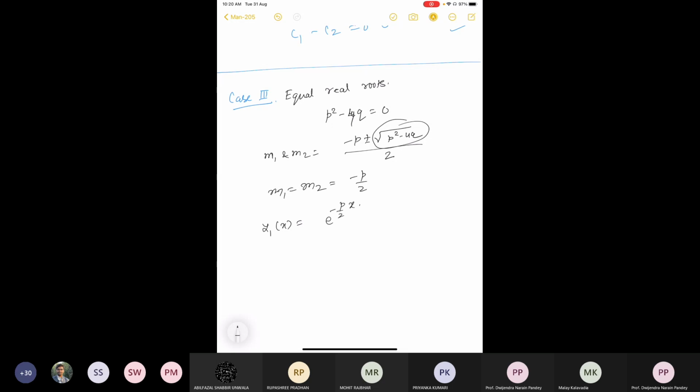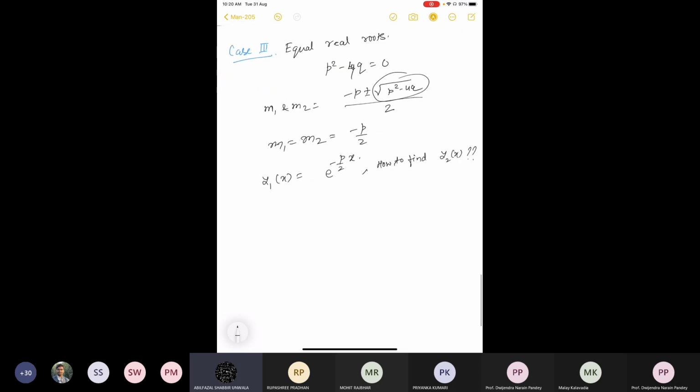Right? So how to find out the other solution? Yes, because we need to find two linearly independent solutions. So how to find y2? Any idea? So we can assume y2 is equal to some function of x times e raised to minus p by 2 x. Very good.